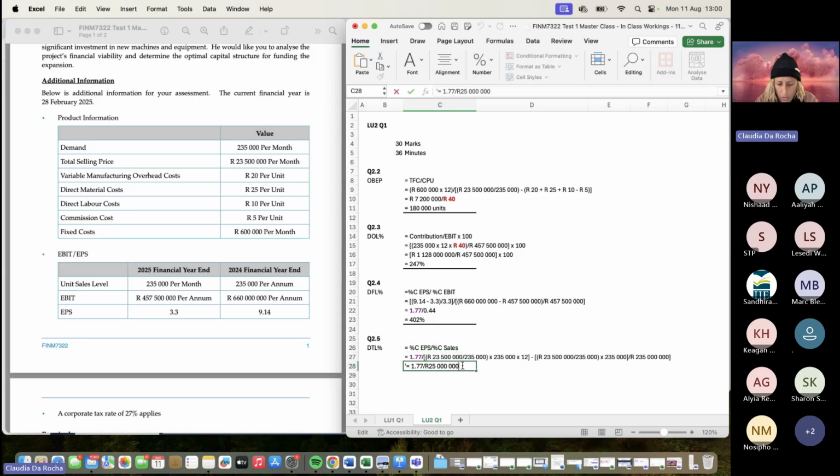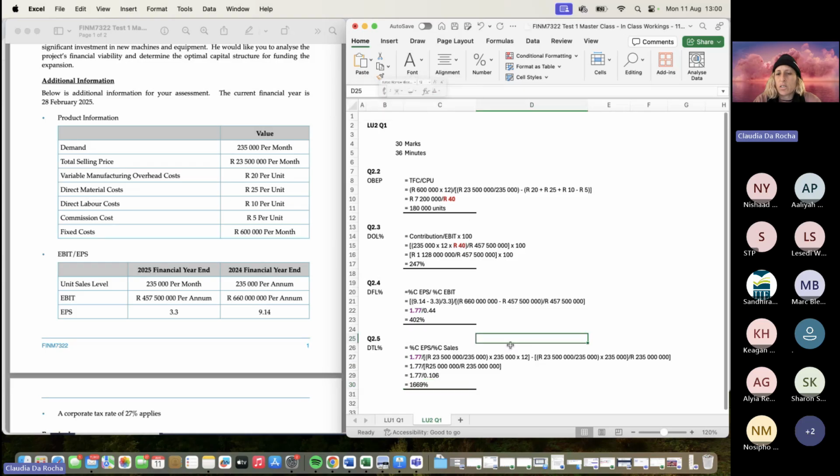Then gives us the 25 million divided by the, and then we have our answer of 1669%, which I had earlier put in the wrong section.